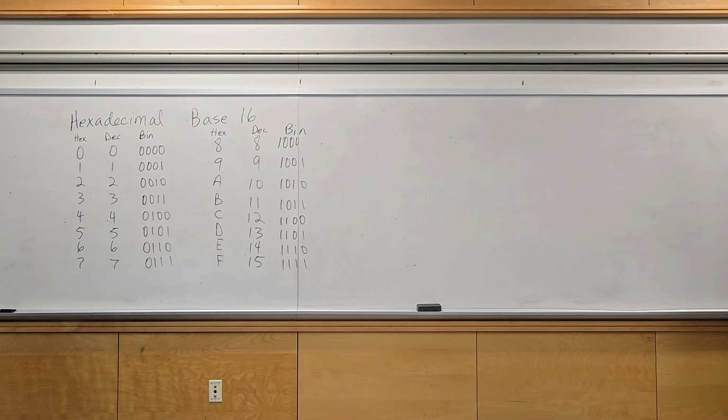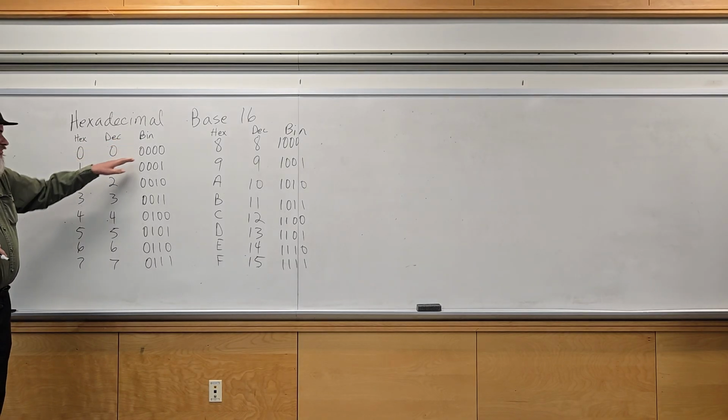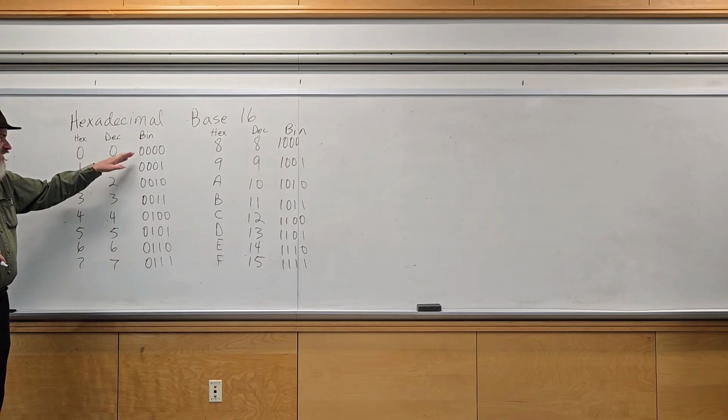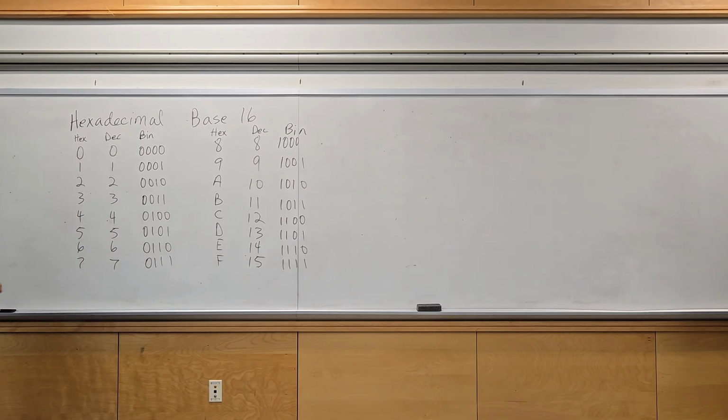So to do the conversion from hex to binary, you just substitute the hexadecimal digit with the corresponding 4 binary digits, 4 bits.